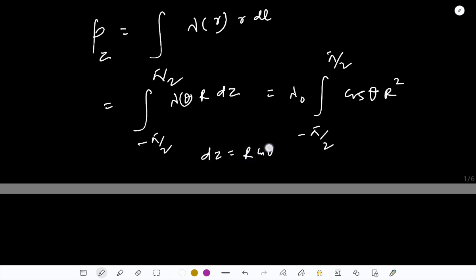That means we can write r square, one more cos theta, d theta.